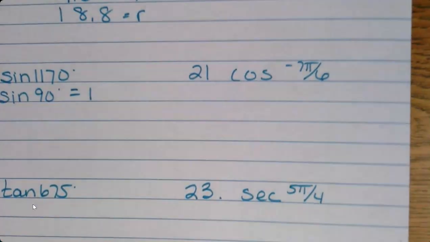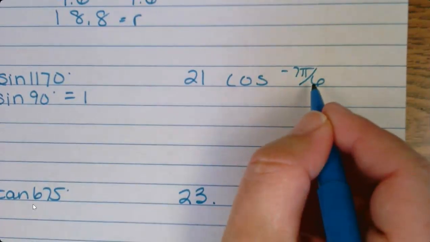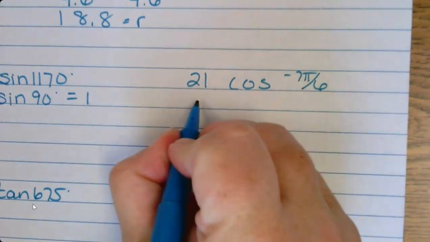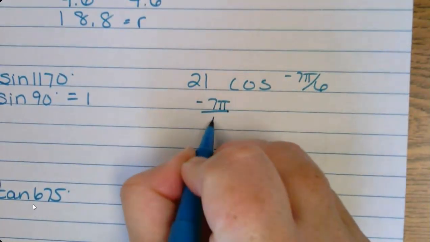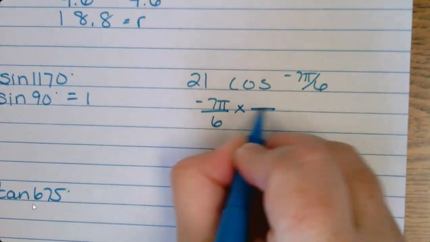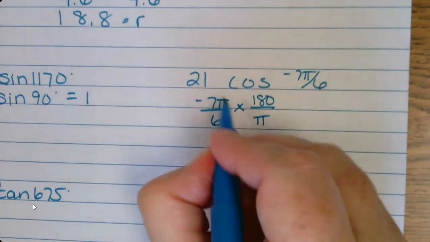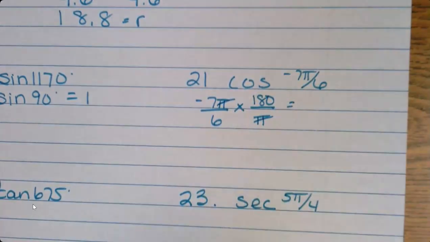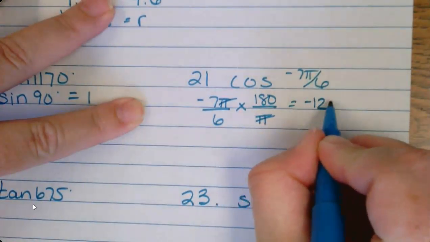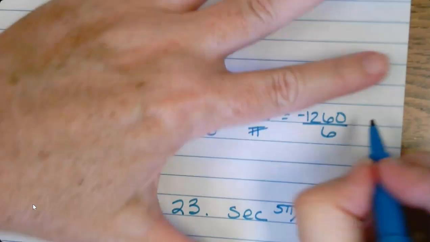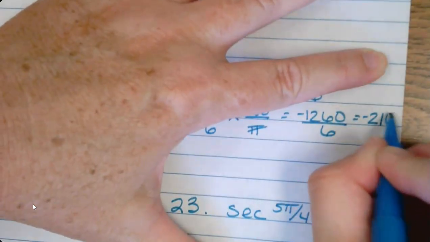Okay. Negative 7 pi over 6 is not the same thing as a positive 7 pi over 6. So first we got to do a little conversion. Okay, so if I have pi on top, pi goes on bottom, and we get 180. So that and that cancels. Times that, we get negative 1260 divided by 6, we get negative 210.